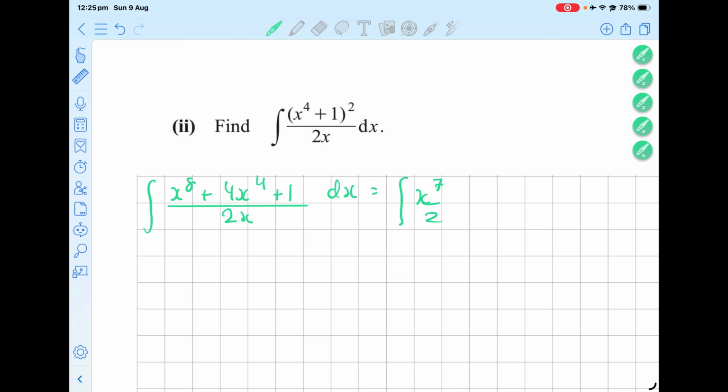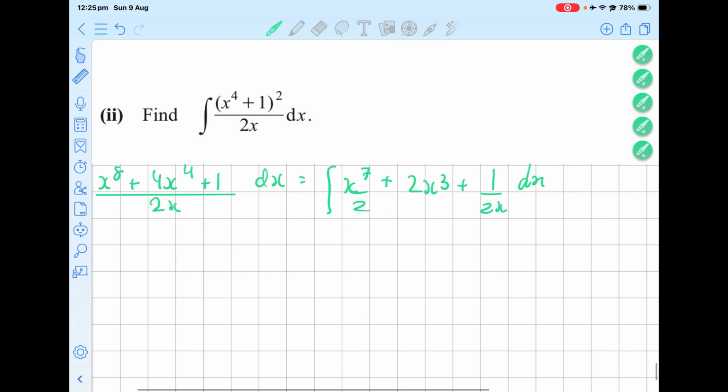Here you get 2x cubed, and here you get 1 over 2x. So you're obviously going to integrate these individually. So x to the 8 over 16, and then x to the 4 over 2, and then this integrates to I think half of ln 2x.